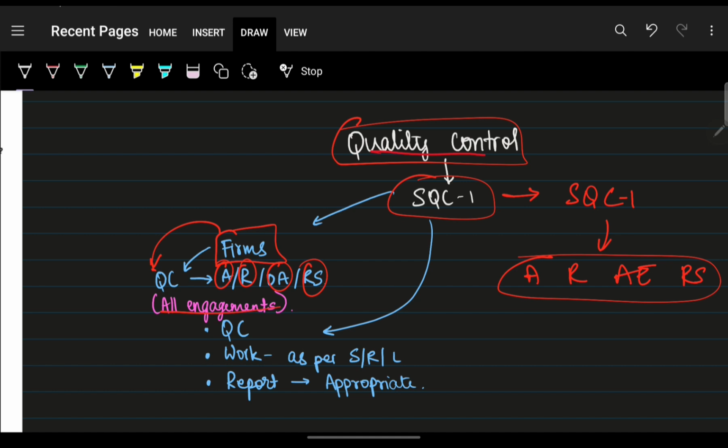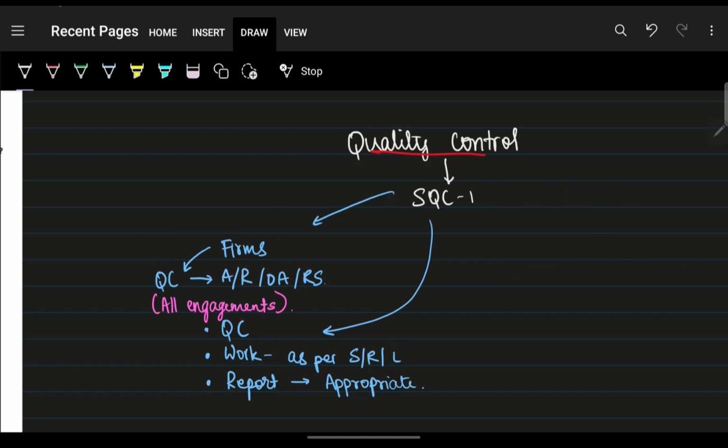It is asking the firm to keep quality control and work as per statutory regulations and the law, and make sure that the report that is given is appropriate in the circumstance.